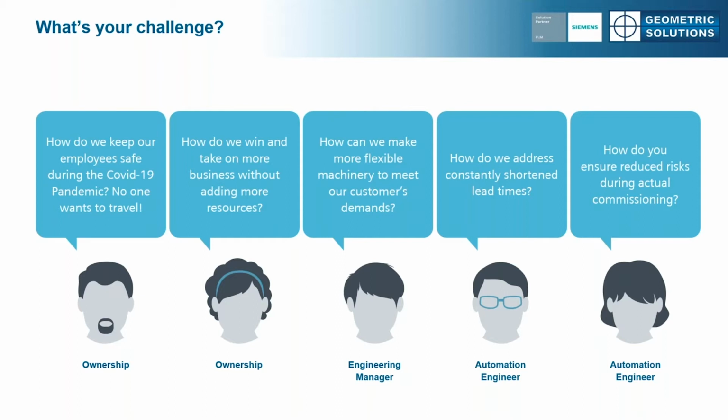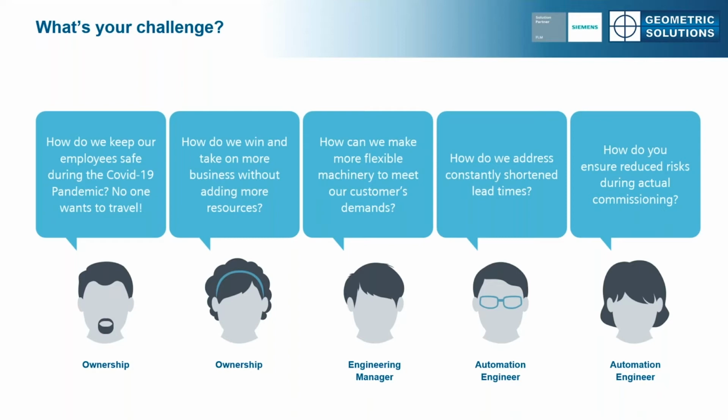Or perhaps you want to win more business, take on more business, but you don't really want to have to hire a bunch of more folks. Or perhaps it's your customers. Their demands are ever increasing. They want one machine to be able to be retrofitted to do something else. Or perhaps if you're an automation engineer, boy, you guys are constantly getting squeezed with your lead times.